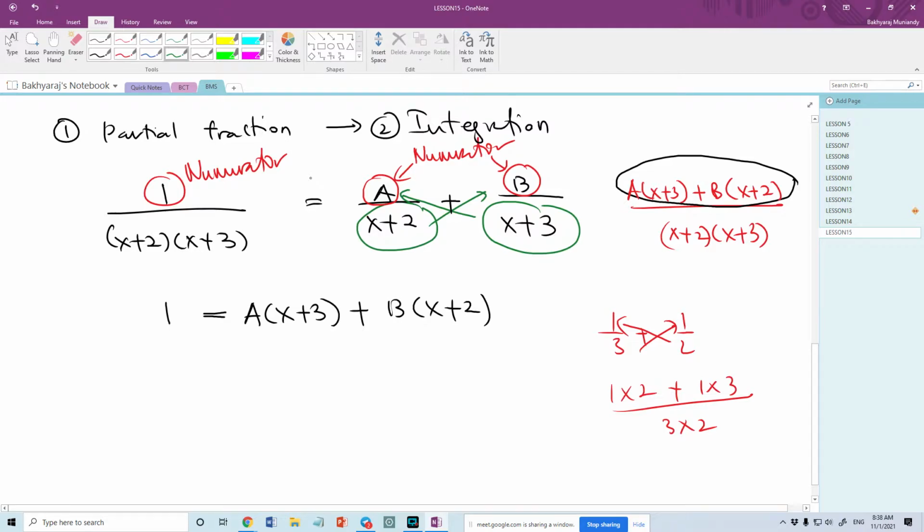So we write only the numerator. Is it okay? Can you see? So 1 is equal to A times (x plus 3), and then B times (x plus 2). So this is what I get.